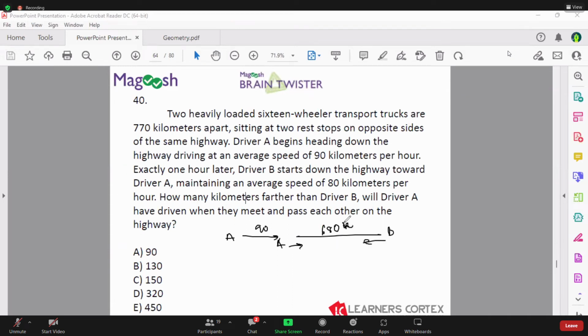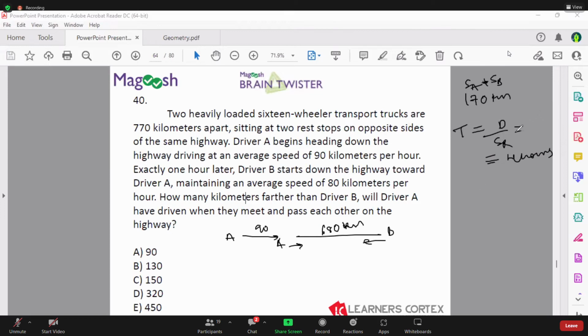The speed is 170 kilometers per hour. And the time taken is 4 hours. Time equals to 680 distance by speed. 680 by 170 equals to 4 hours.